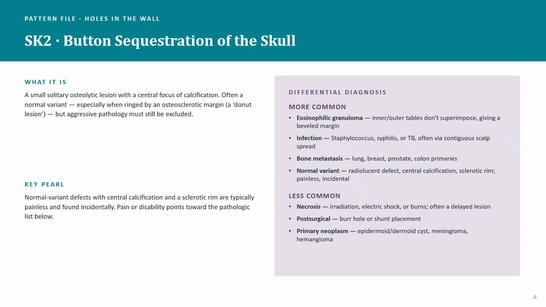Post-surgical changes could also happen, from a burr hole or a shunt, and less commonly, it could be the result of a primary neoplasm or some sort of cancerous cell.